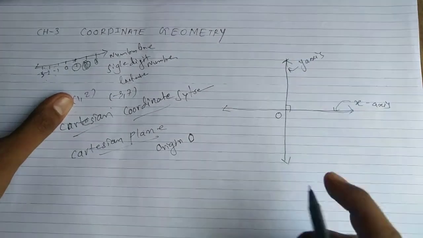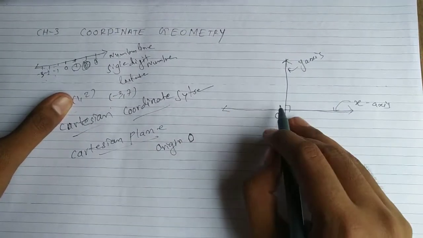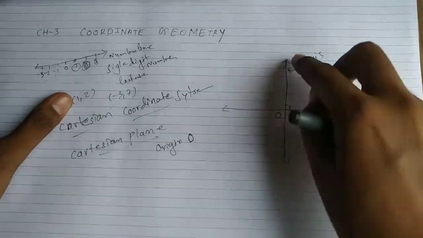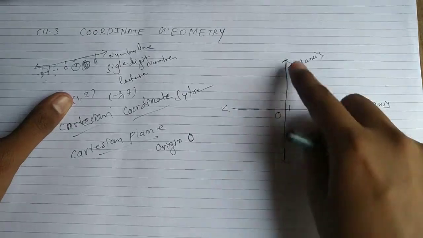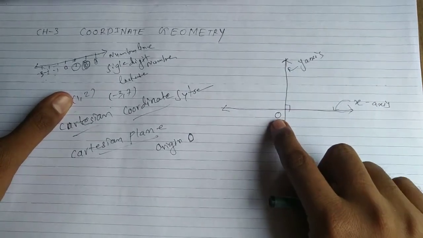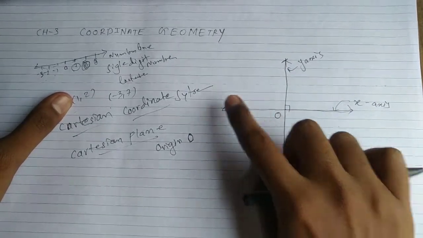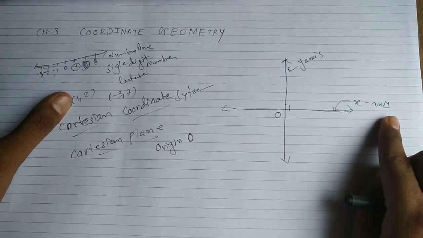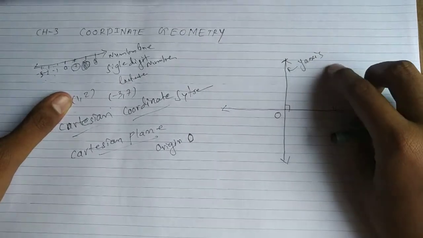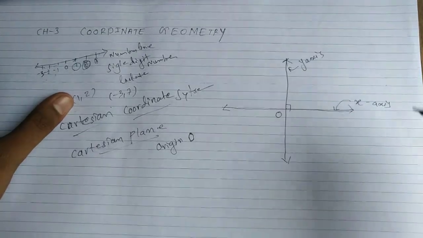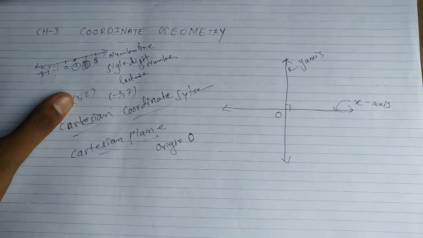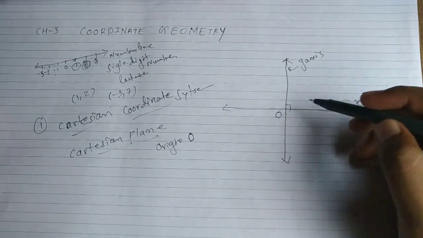Clear? In the Cartesian plane, two lines are perpendicular and intersect at the origin O, the horizontal line is called the x-axis and the vertical line is called the y-axis.